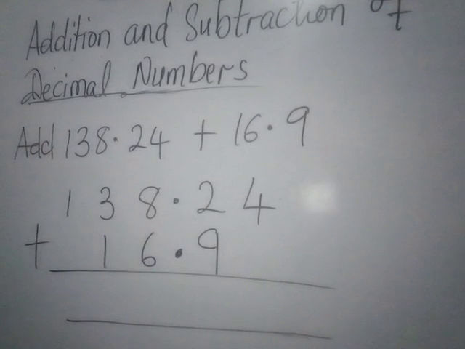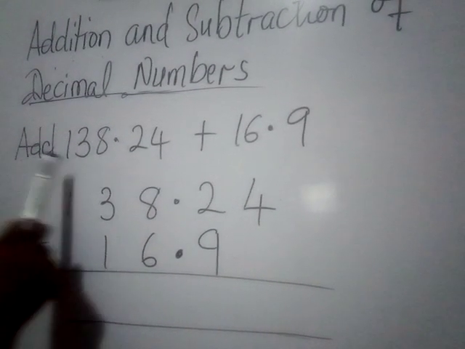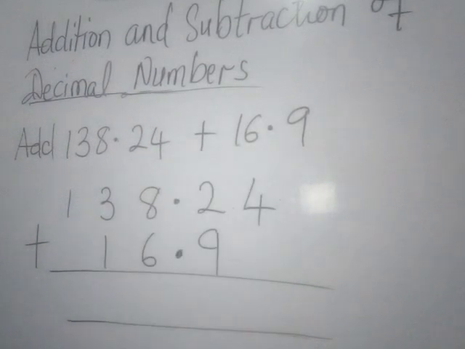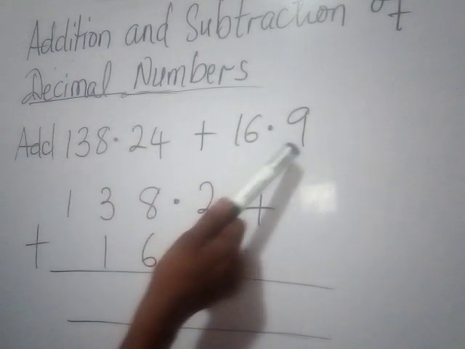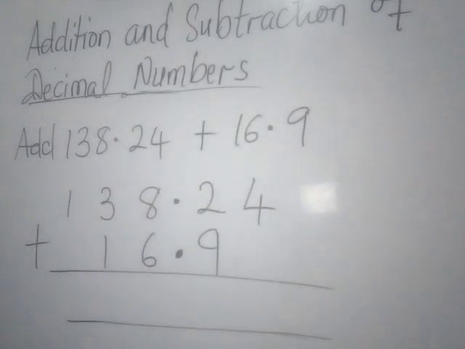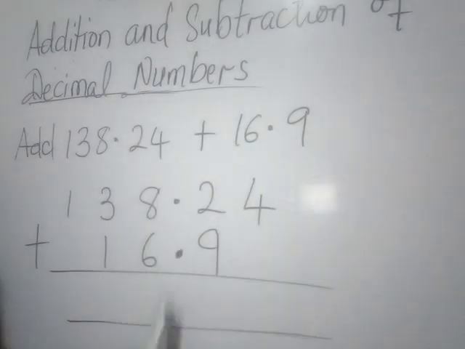Okay, so let's take one more example of this. Now let's look at this next example. You see it's a very interesting one. Like here we have 5 digits and here we have just 3 digits. Here we have 2 digits after the decimal. Here we have just 1 digit after the decimal. Now look at the way the numbers are arranged. You will find out that the determining factor here in the arrangement is the point.